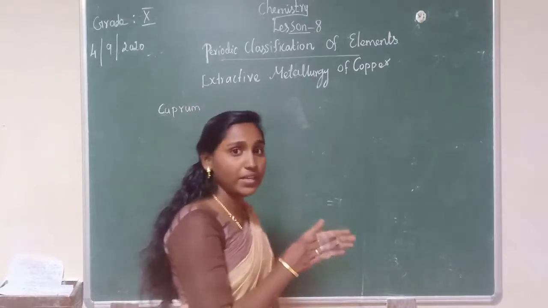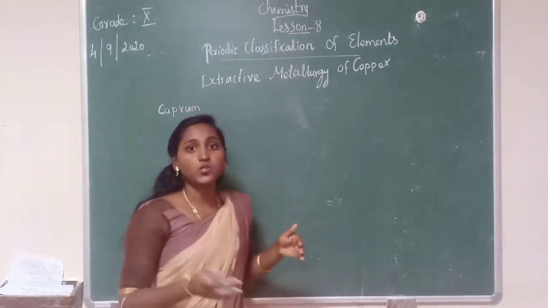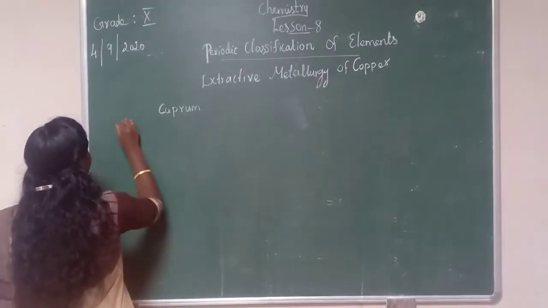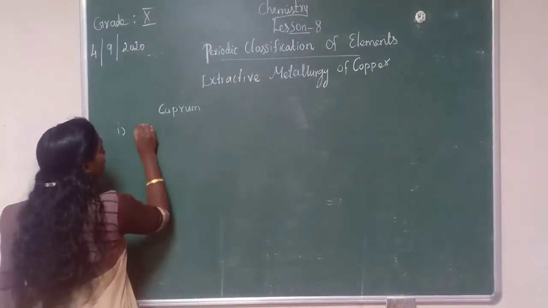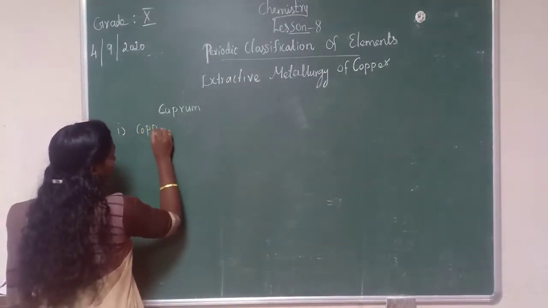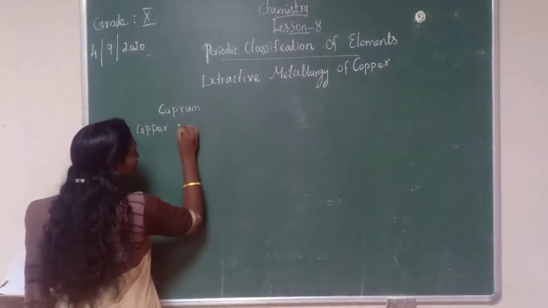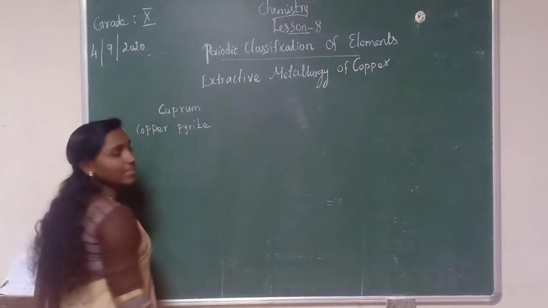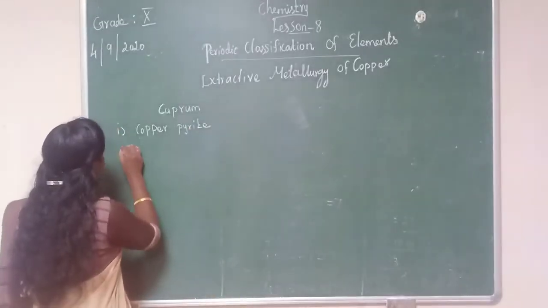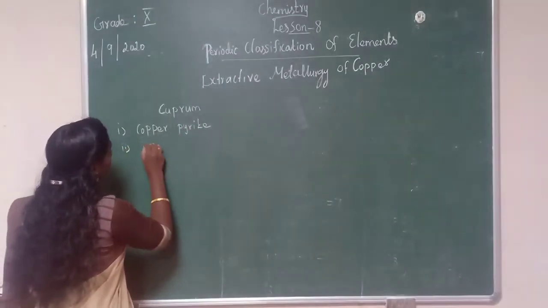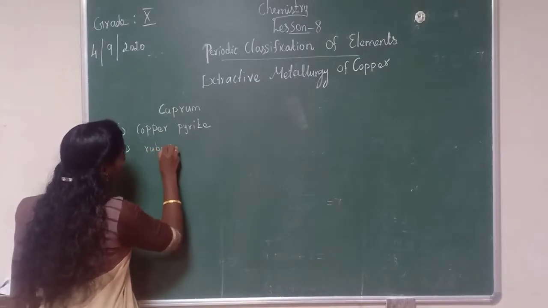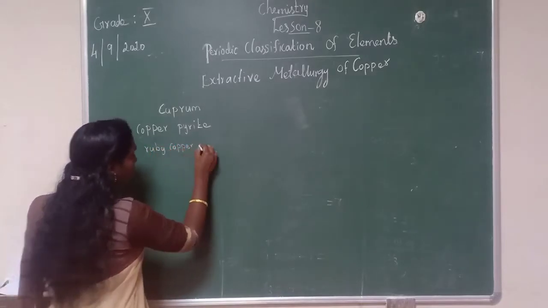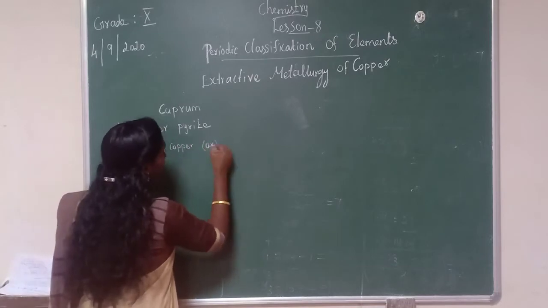Like aluminium, here also we are going to study three ores. So the first ore is copper pyrite. Then the second ore is ruby copper or cuprite.